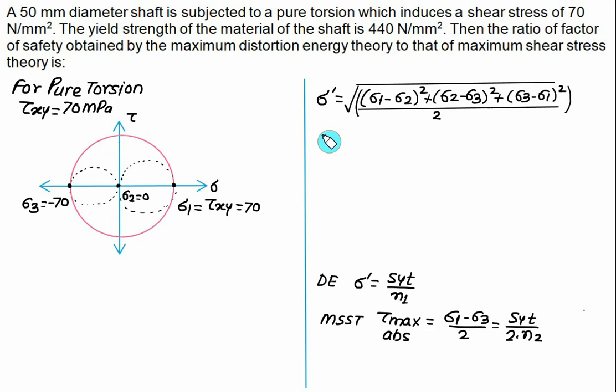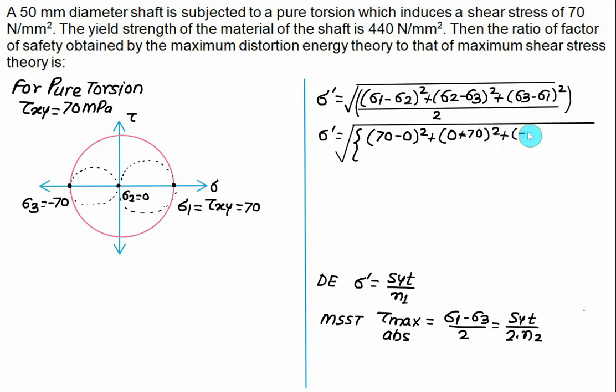So the von Mises stress sigma prime will be equal to under root of sigma 1, sigma 1 is equal to 70, sigma 2 is equal to 0, square of it, plus sigma 2 is equal to 0 minus sigma 3, that is plus 70 whole square, sigma 3 is equal to minus 70, plus sigma 3 minus sigma 1, that is minus 70 minus 70 whole square, divided by 2.